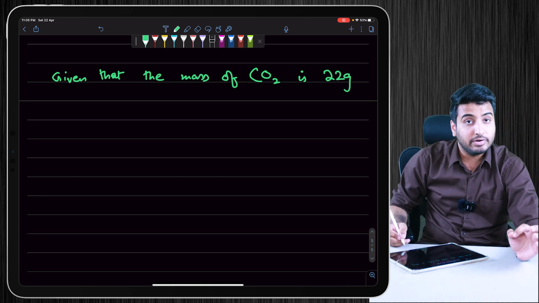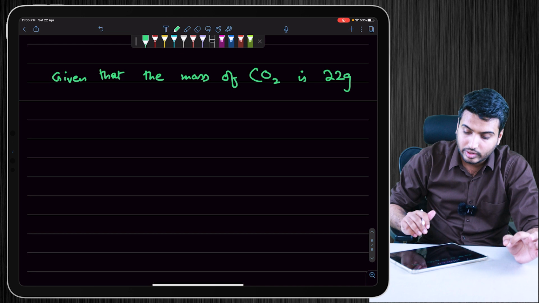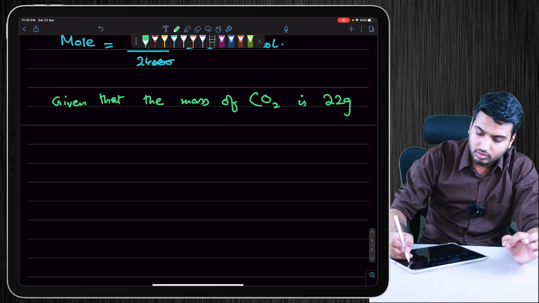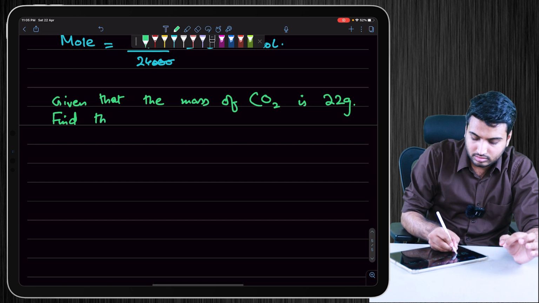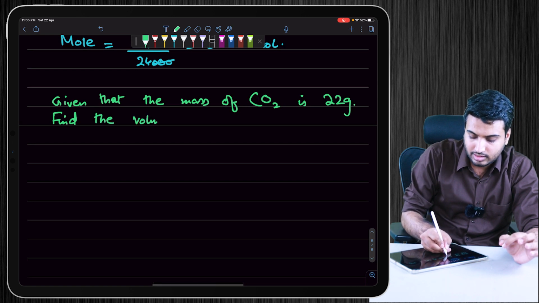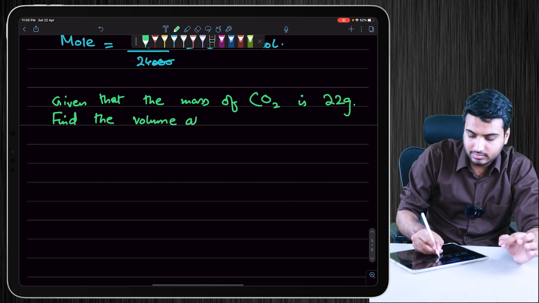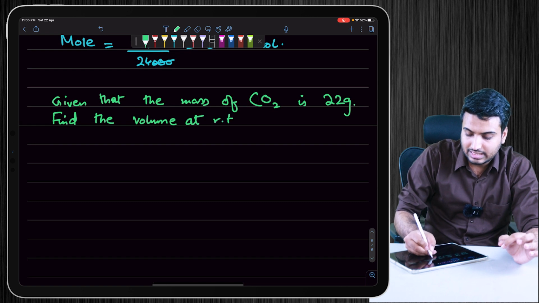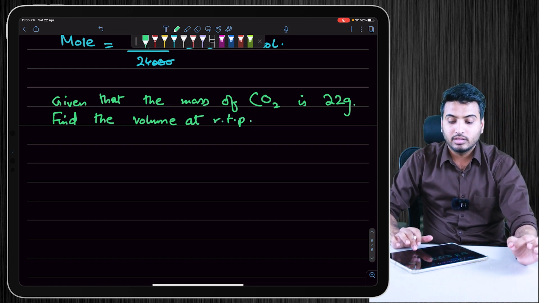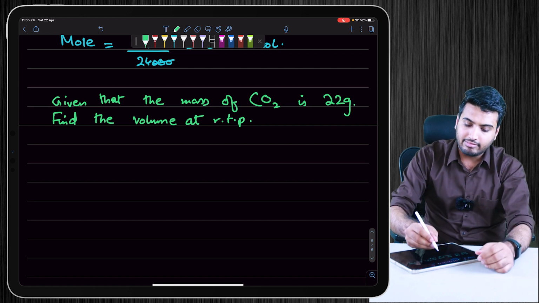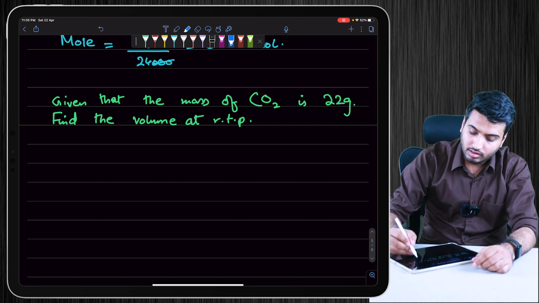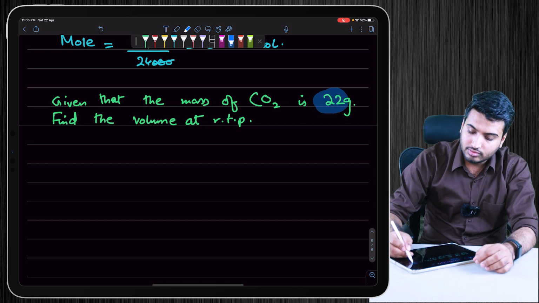Given that the mass of carbon dioxide is 22 grams, find the volume at room temperature and pressure.